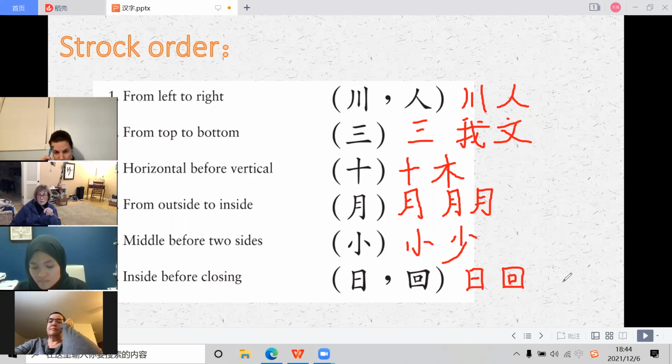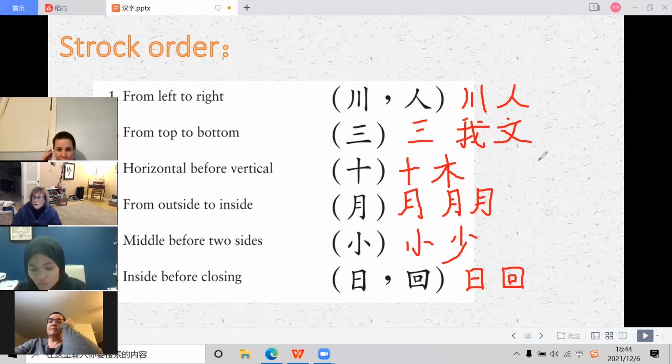Yeah, these are the basic rules. For some special characters, it will be different. But I won't say it now. When we meet them, I will tell you.